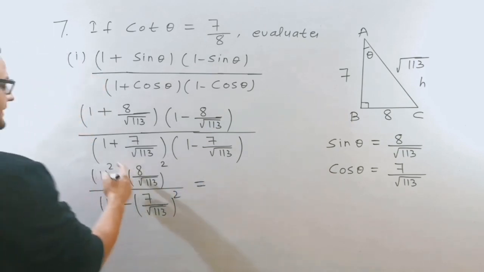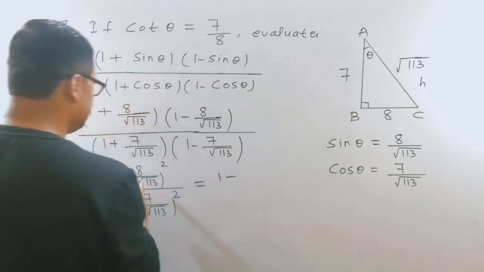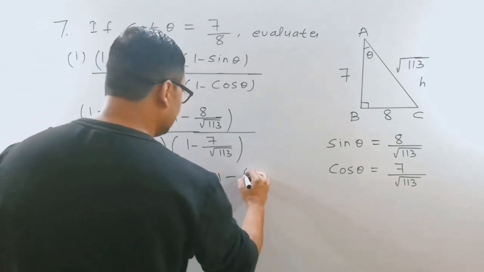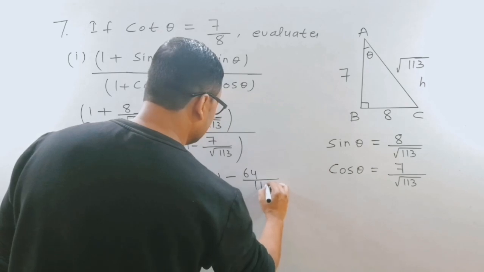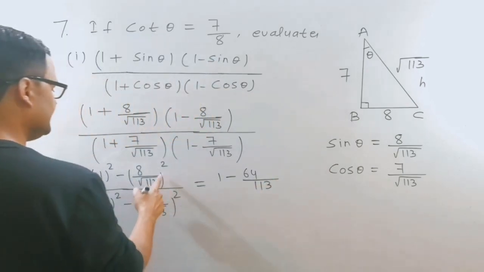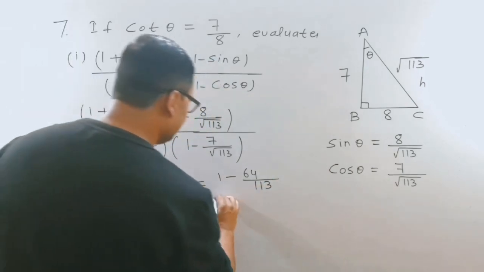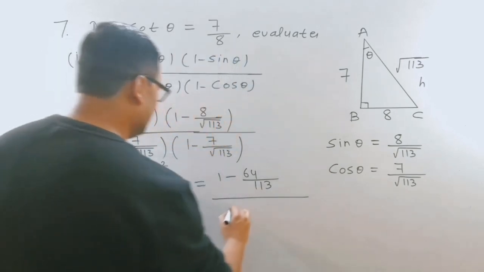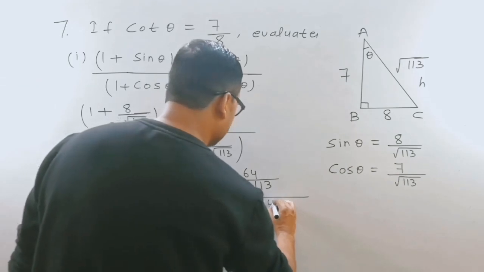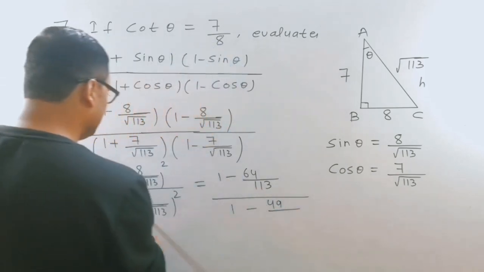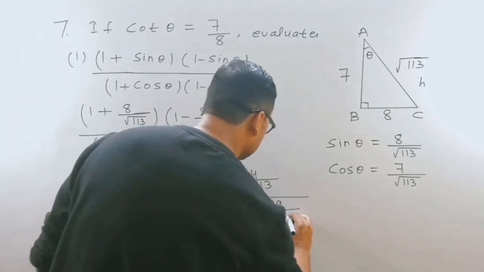Now 1 square equals 1, so 1 minus 8 square, 64, over 113. Root 113 square is 113, the root will be gone. Divided by 1 minus 7 square, 49, over root 113 square, which is 113.